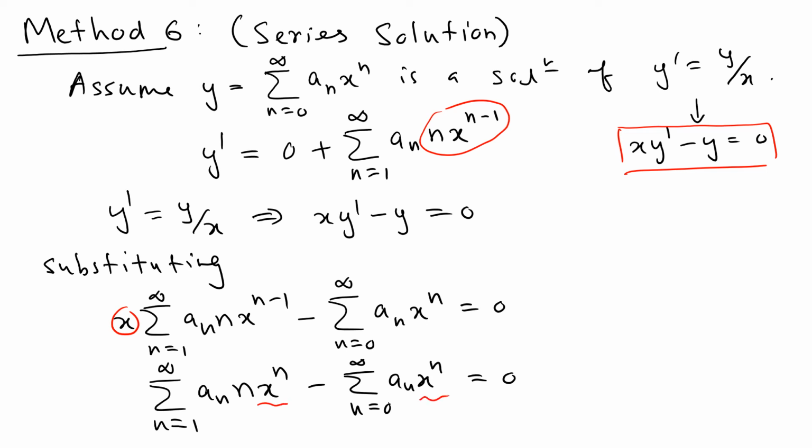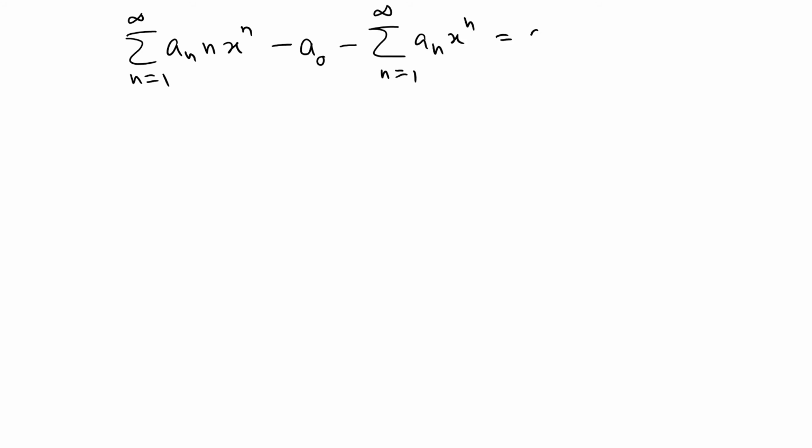That's the goal. So let's plug in n equals 0 for the second one, and then leave the other common terms. So we can write this as the sum for n going from 1 to infinity of n a_n x^n from the first one. From the second one, I'm going to plug in n equals 0, which gives a_0, and then the rest I'm going to write as the sum for n going from 1 to infinity of a_n x^n. That's the rest of the terms. That's what we always do.